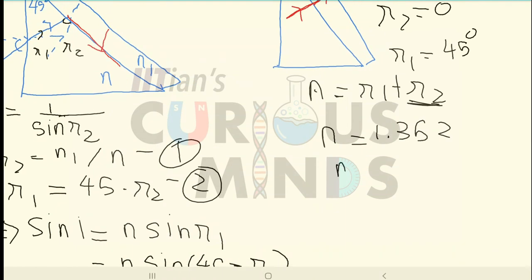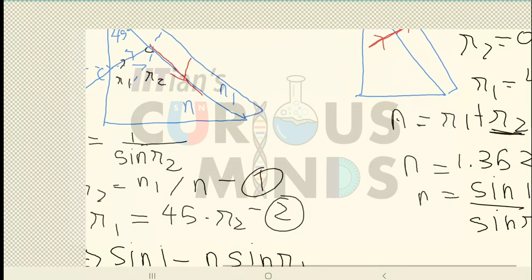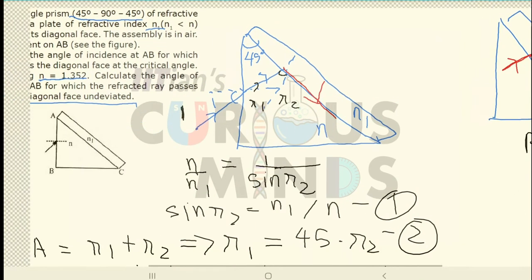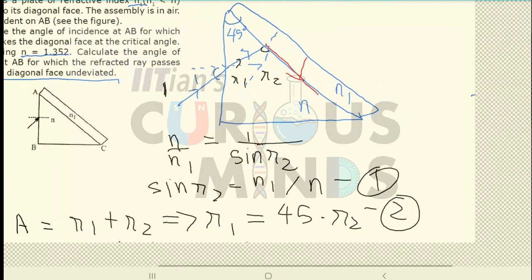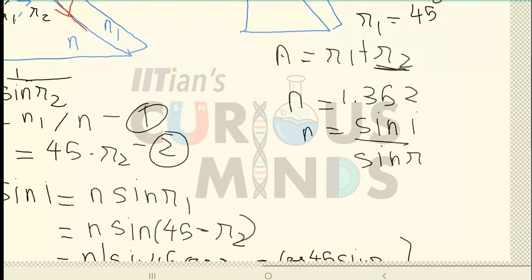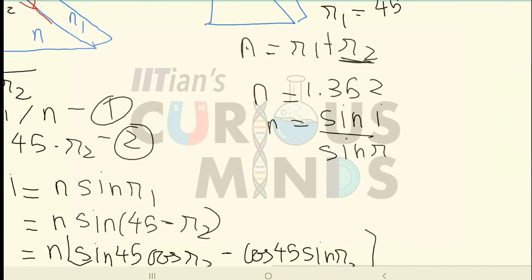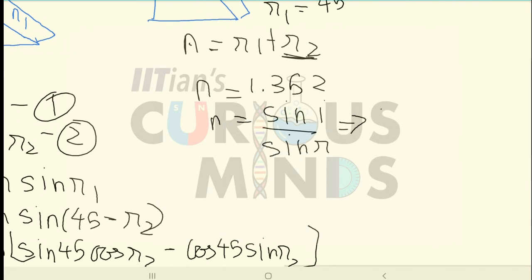Now n will be equal to sin I divided by sin R. The angle of incidence we have to calculate. Mu is given as 1.352, which implies 1.352 is equal to sin I divided by 1 by root 2.